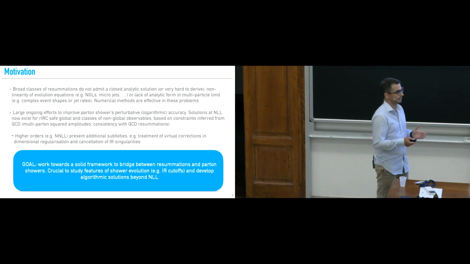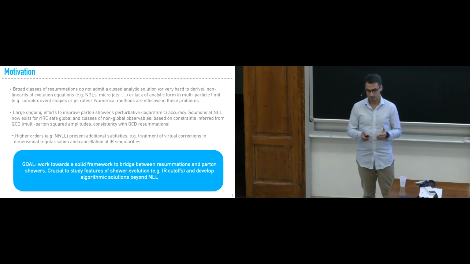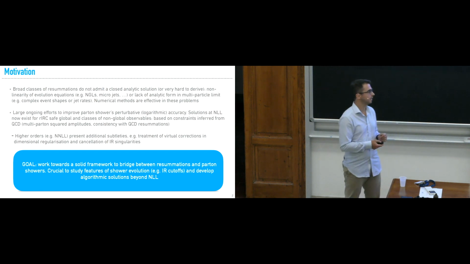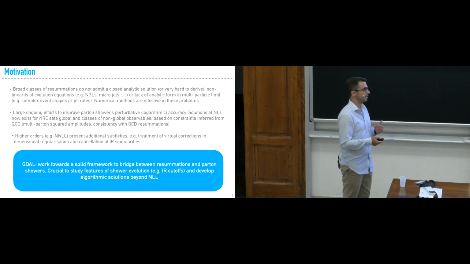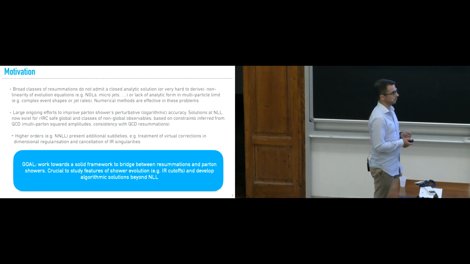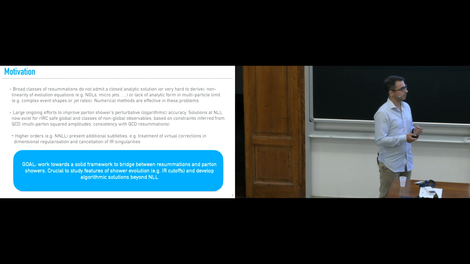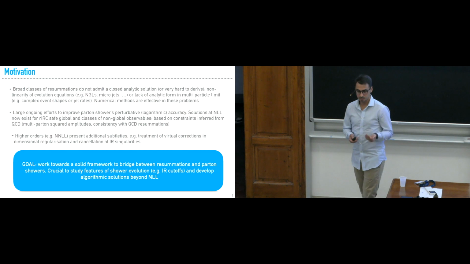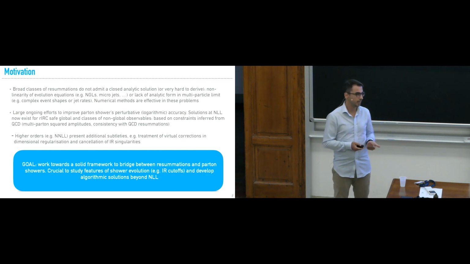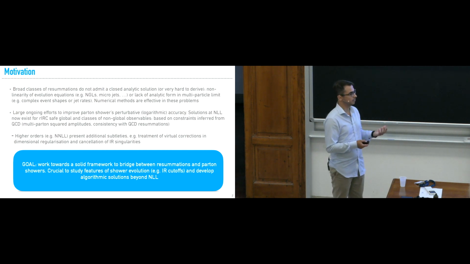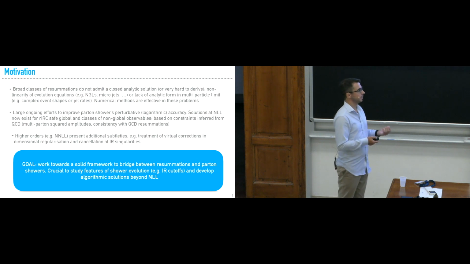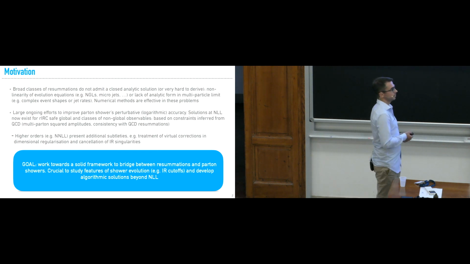By that, I mean that they resum across the board observables belonging to certain classes, what we normally call recursively infrared and collinear safe, and some classes of non-global observables. Building these algorithms is done based on constraints coming from QCD, so requiring that the multi-parton amplitudes squared are reproduced as they should, as well as consistency with QCD resummations.